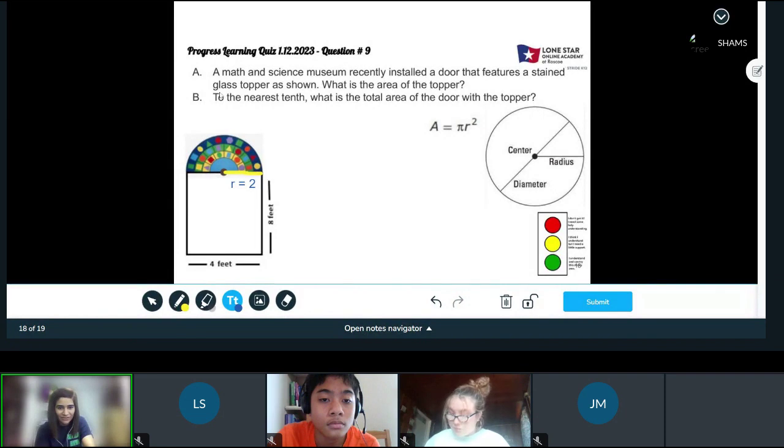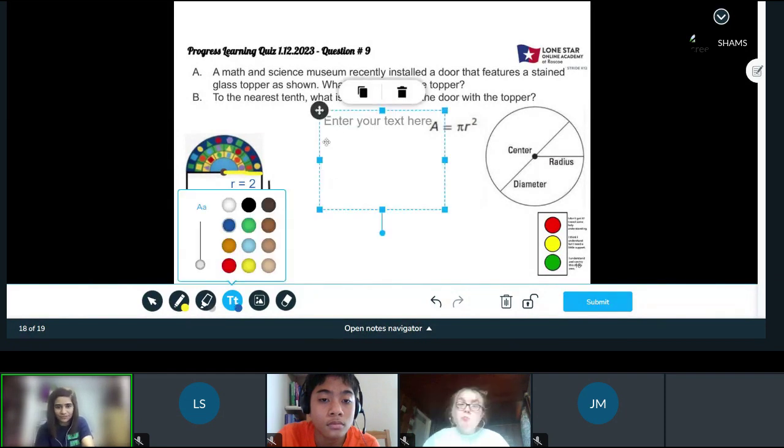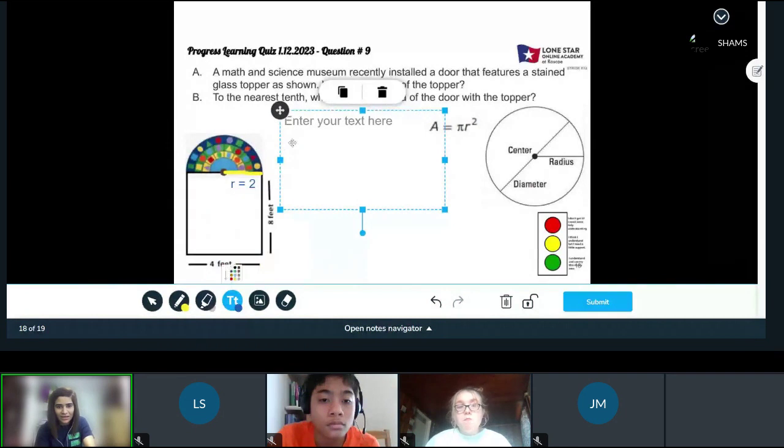In order to find the area of this half circle, answer choice A, I'm going to use this formula for area and find the area of the circle. Area of the circle is pi, 3.14, times radius squared. Radius is 2, so I will square the 2.